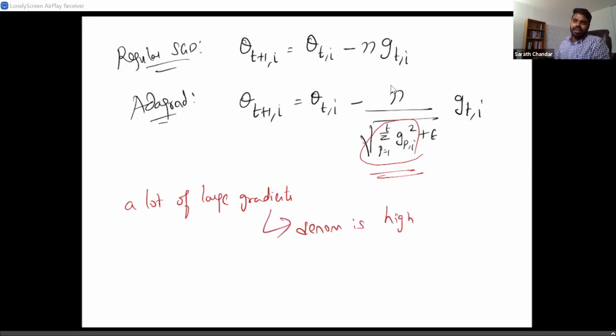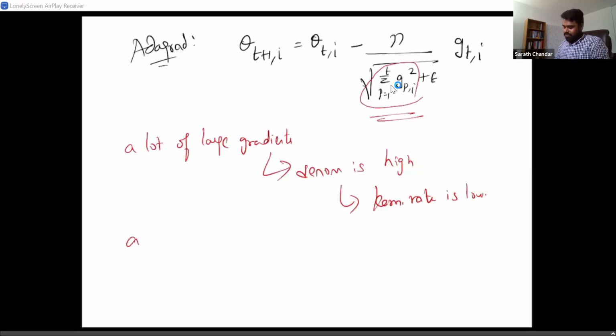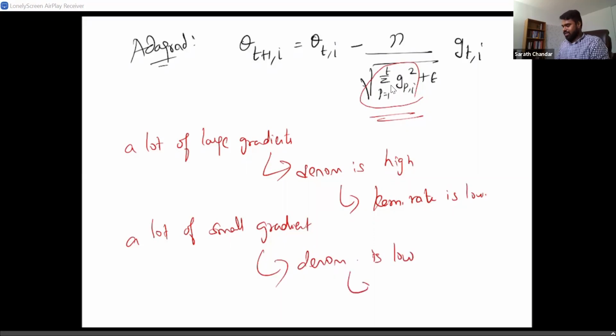If the denominator is high, you're dividing eta by a large value, which means the learning rate is automatically low. Similarly, if I have a lot of small gradients or almost no gradient, then the denominator is going to be low. In this case, the learning rate is going to be high.